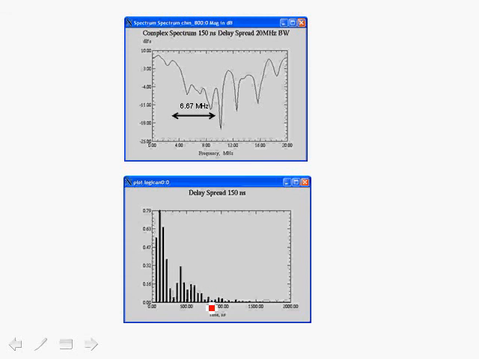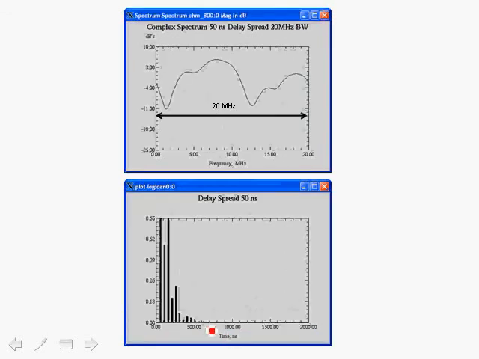For OFDM, a major point is 800 nanoseconds because that is the cyclic prefix or guard interval. And if you look at 150 nanoseconds, we still receive multipath from beyond 800 nanoseconds. But at 50 nanoseconds delay spread, we receive very little energy beyond 800 nanoseconds.